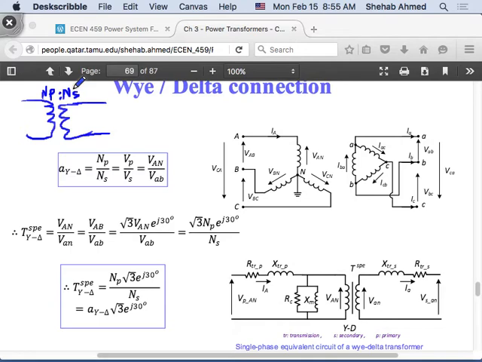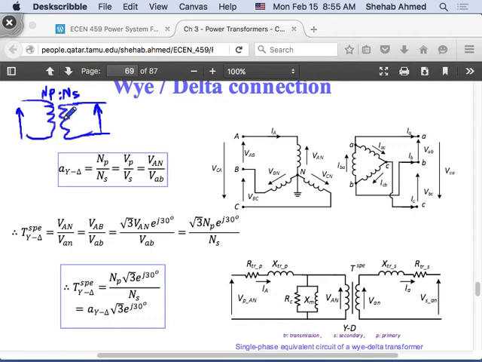That's what we were doing before. Now I can find these numbers from the voltage here versus the voltage here, or if I have the voltage here and the turns ratio, I can get the voltage here, or if I have these two voltages, I can know what the turns ratio is, and so on and so forth.